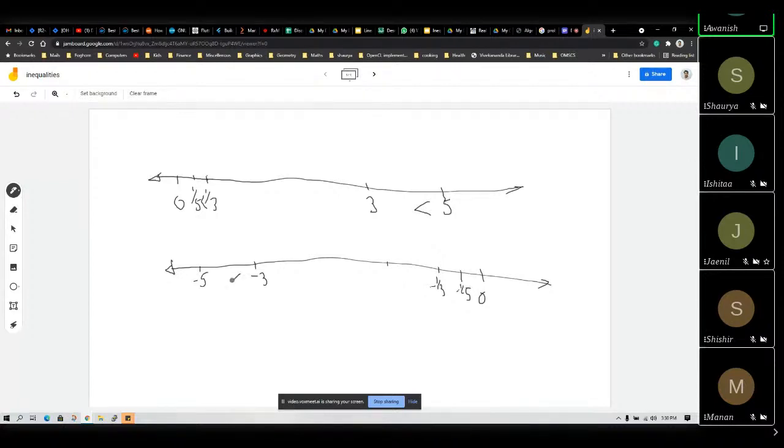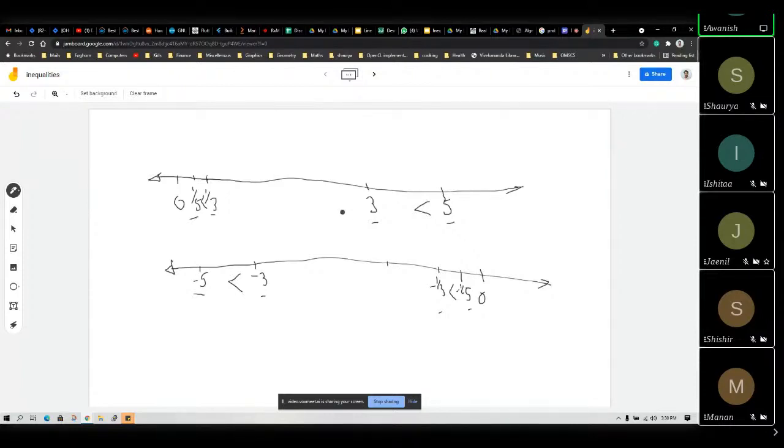Okay, so 5, which was on the left earlier, is now on the right, and 3 is on the left. Same here. So it is going to change. You see this? 5, which was on the right here, came on the left. Okay.